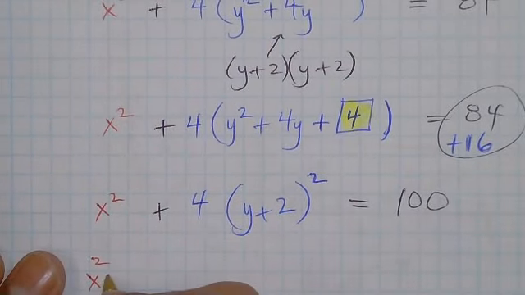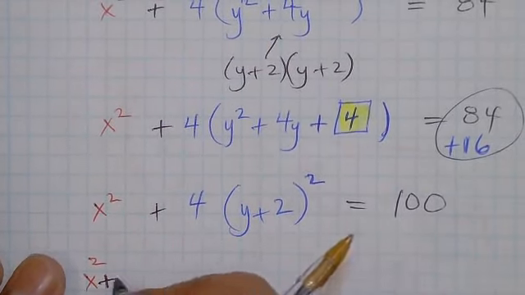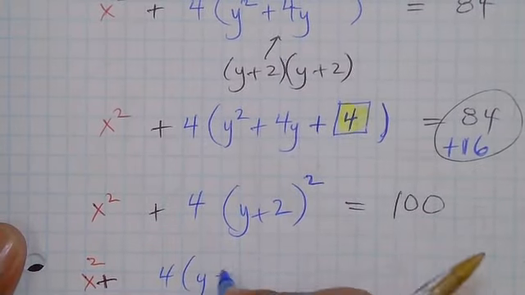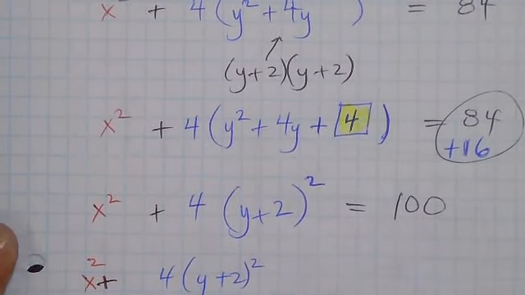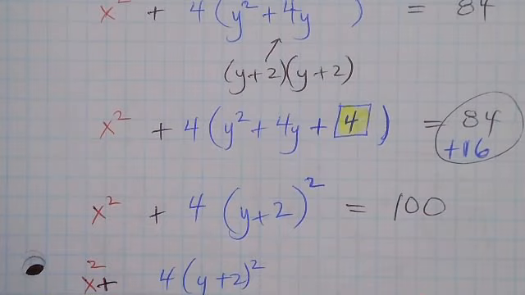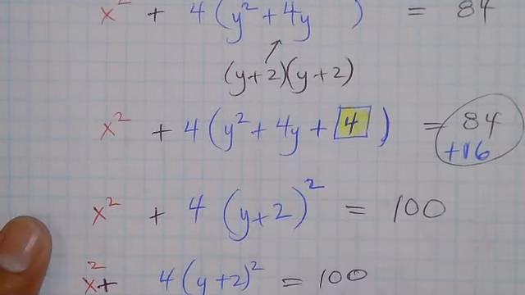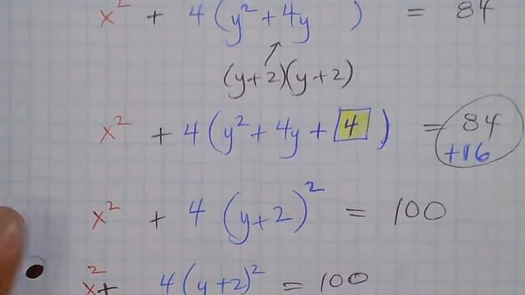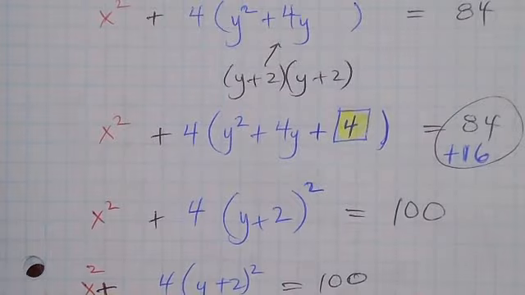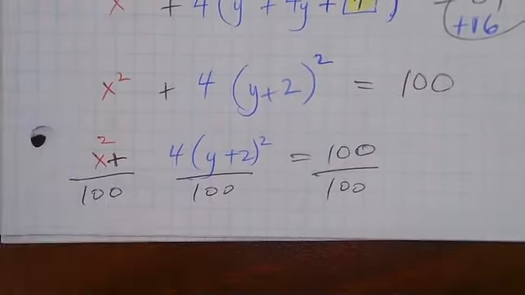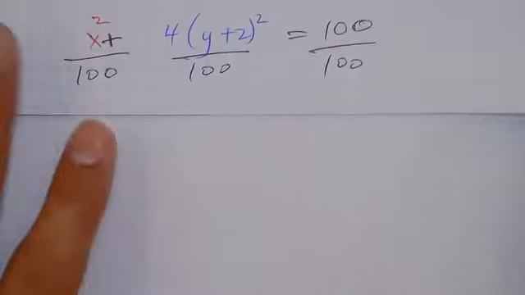So this is x squared. Why did I write that? Plus, I just put a plus right there. 4y plus 2 squared. And again, I'm just writing it over, right? I'm dividing everything by what? 100. I mean, I think we're almost done, right? And then what?